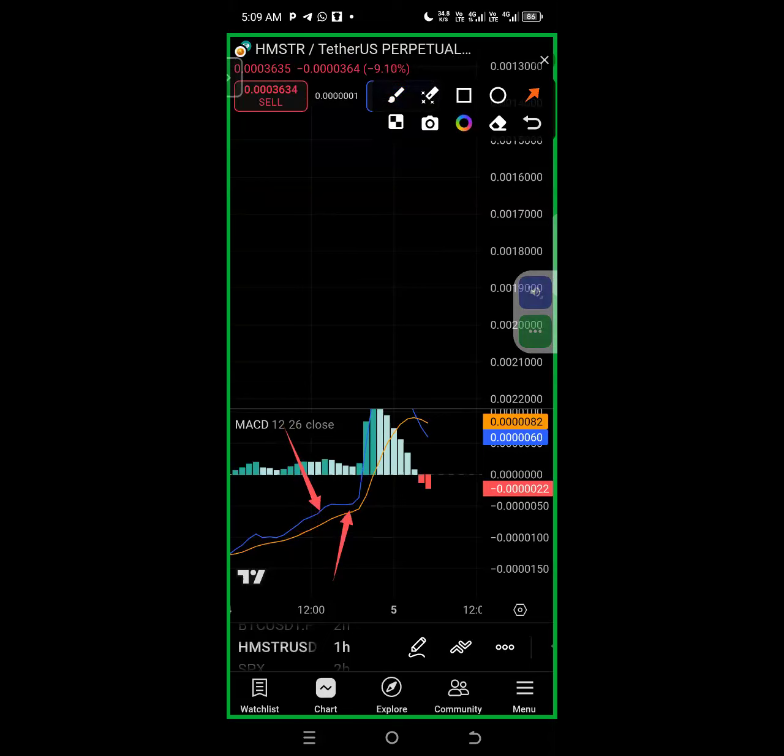So anytime the blue MACD line crosses below the signal line, it's indicated that the price is in a downtrend. And when it crosses above, it's indicated that the price is in an uptrend.